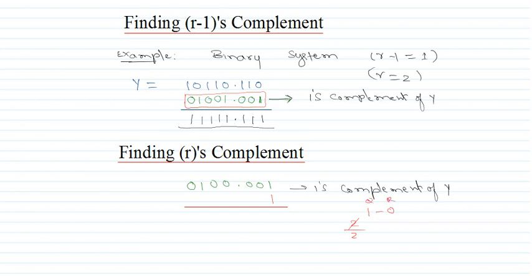That remainder value we will put here and the quotient 1 is carried. 1 plus 0 is 1, then 0.0010. So this number, whatever I am getting here, is the 2's complement.